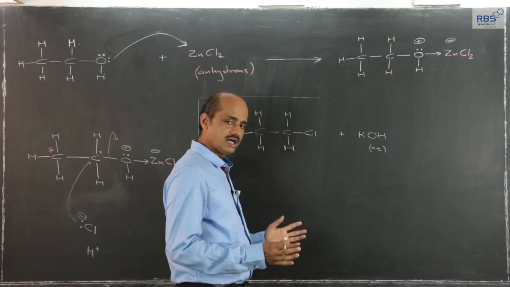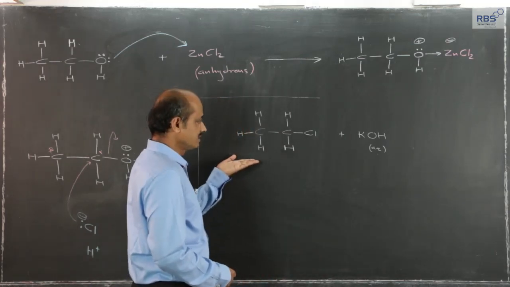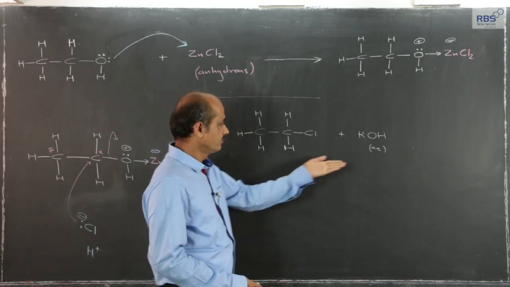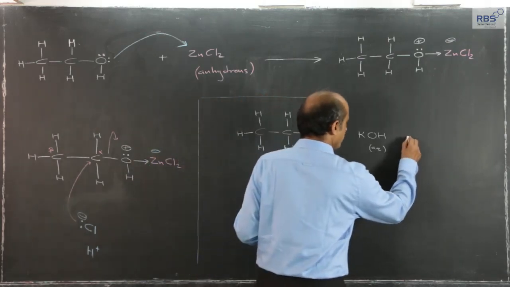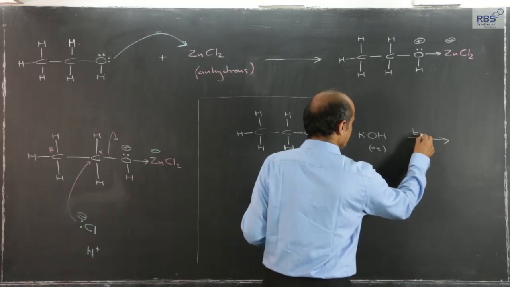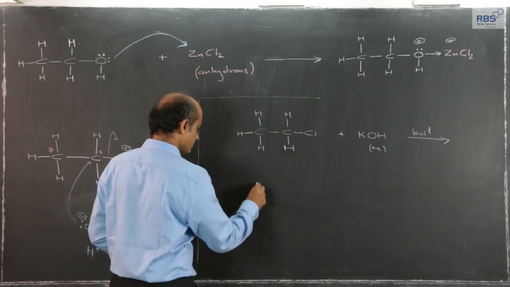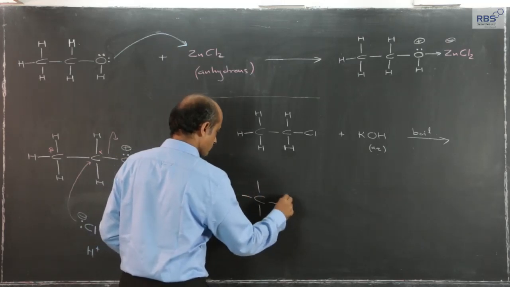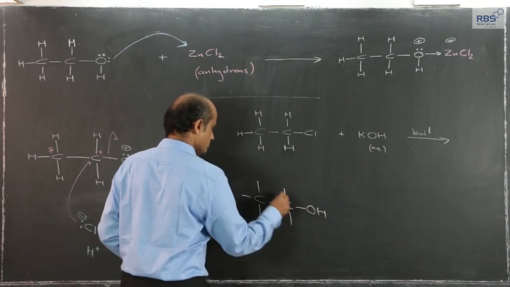To start with, I have selected one example. This is ethyl chloride with KOH. Now, ethyl chloride with KOH, when it is boiled, what we get is ethyl alcohol.